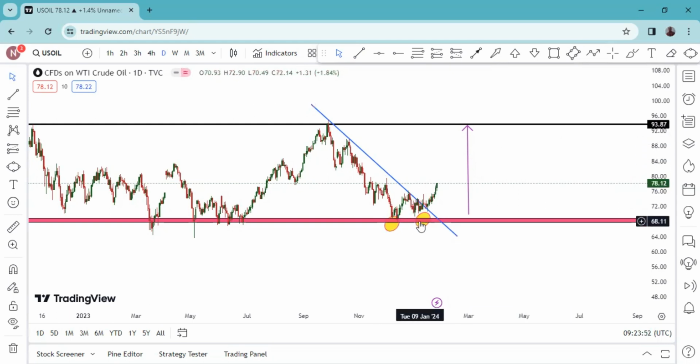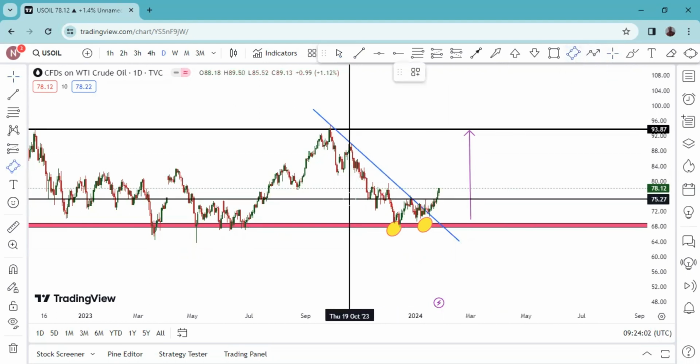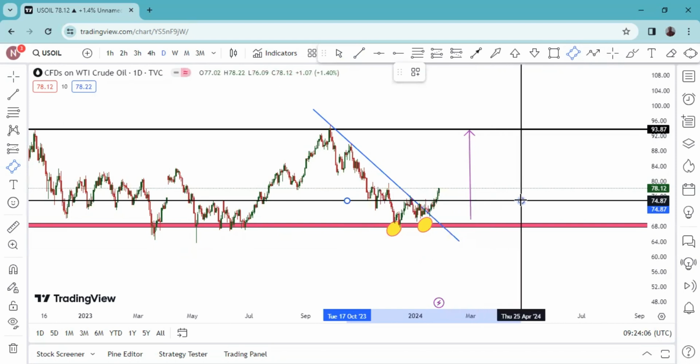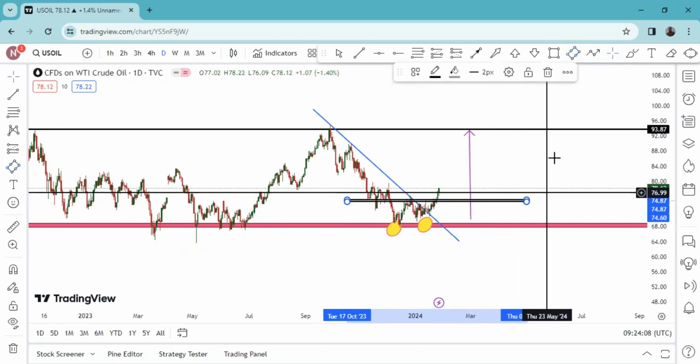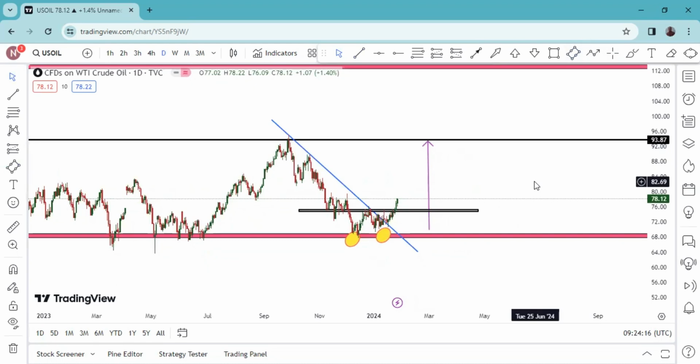This is the first bottom. This is the second bottom. The market has broken our trend line. So now what I'm expecting, and this is the neckline. So guys, this trade is already complete.